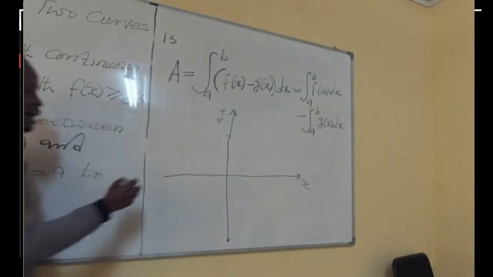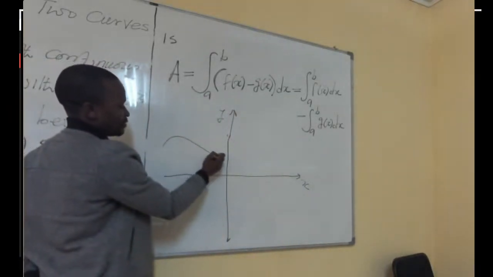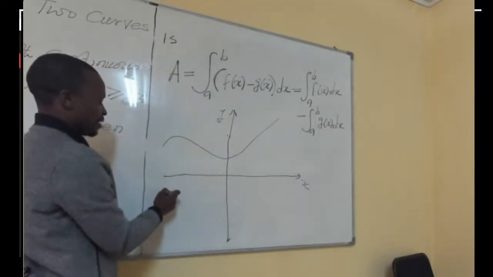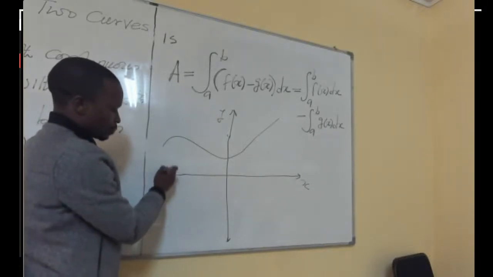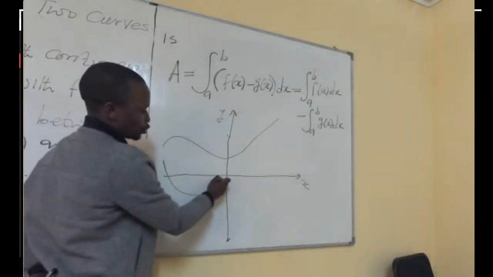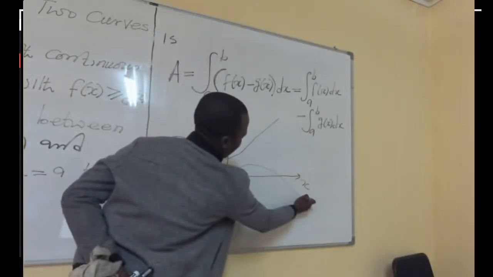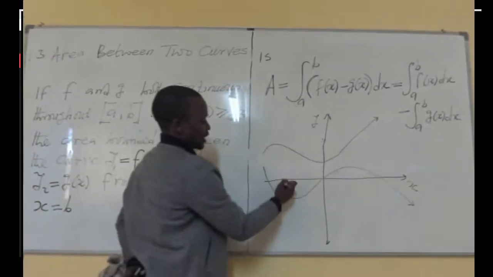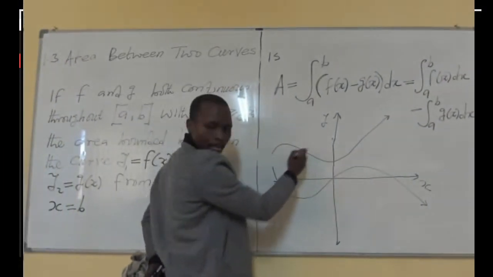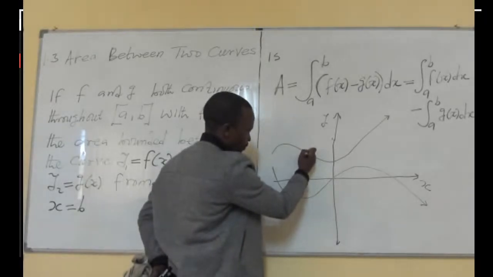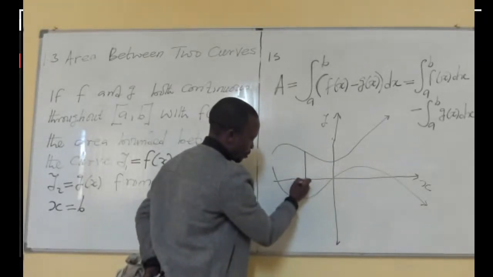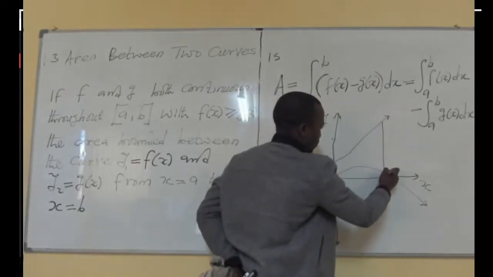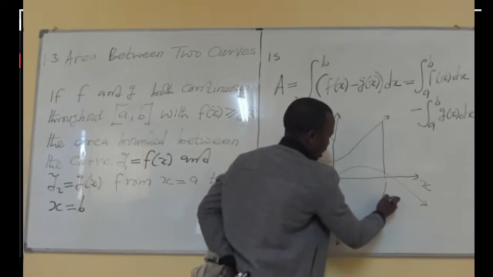Maybe you have this curve that behaves in that manner, and then you have another curve that comes like that, and then it goes up, then it goes down. Then they are asking you to calculate the area from point A to point B, maybe somewhere there.